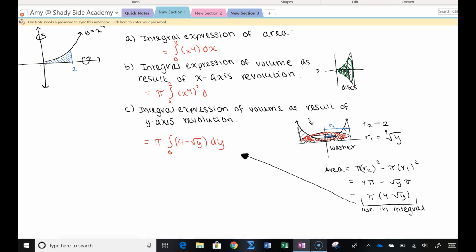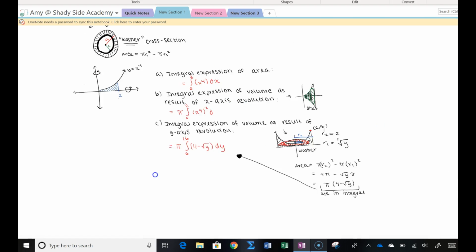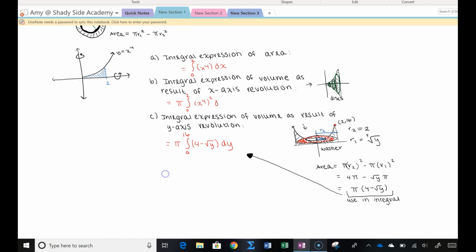Then you look inside at the outer radius, the large radius. If you look at this particular solid, the large radius is always 2, from the y-axis to 2. Any questions? Are you okay over there?